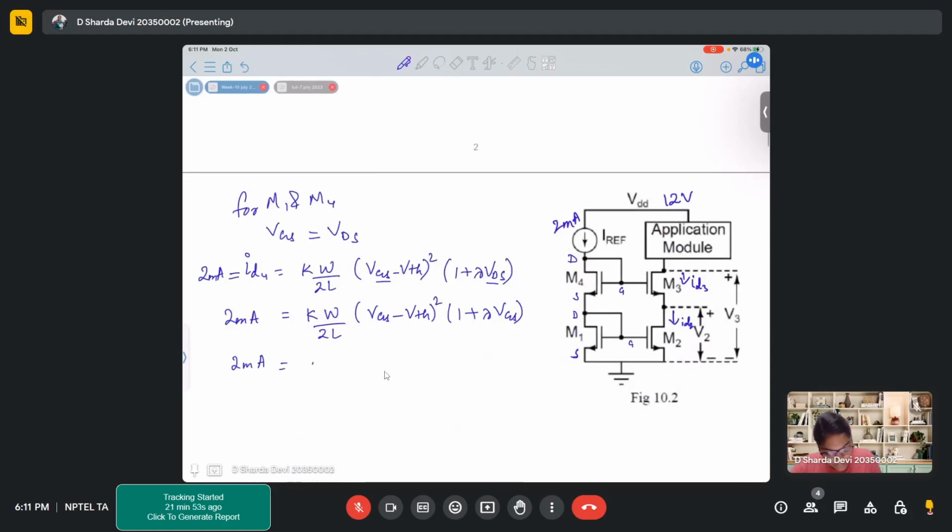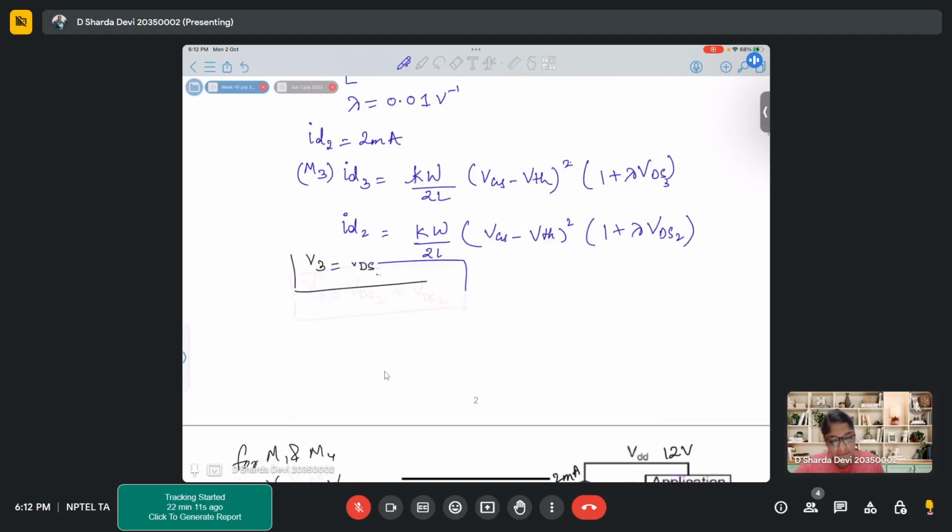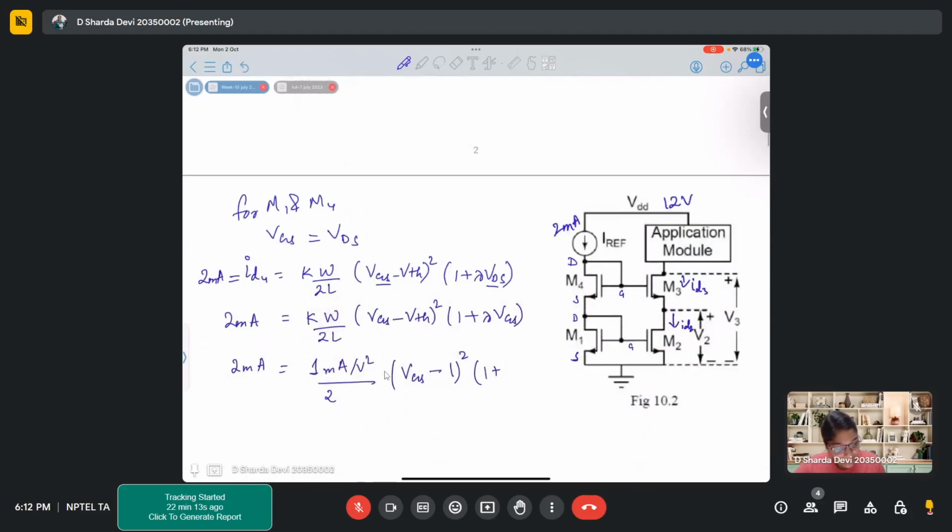So 2 milliampere equals 1 milliampere per volt square by 2 into (VGS minus VTH)whole square, which is 1, where VGS is unknown for us, times (1 plus 0.01 VGS), right? This is what we get.